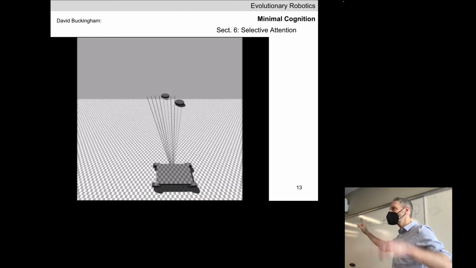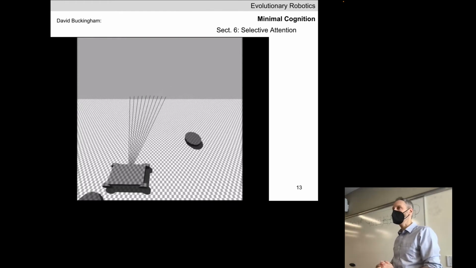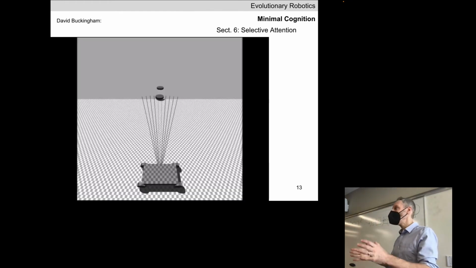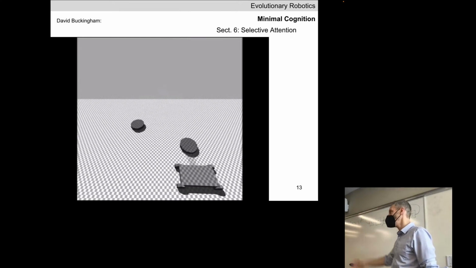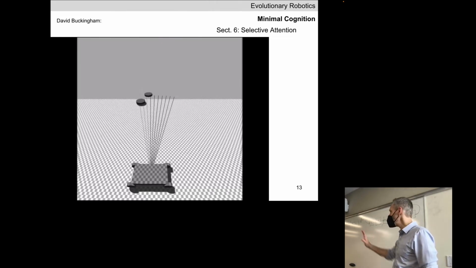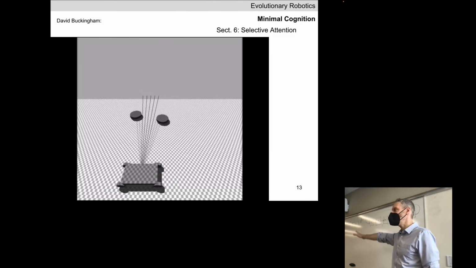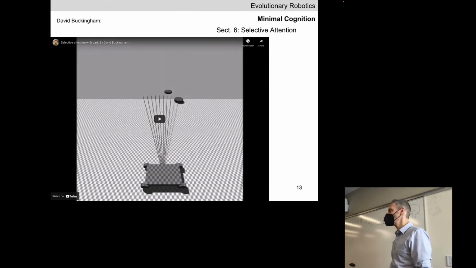So this robot has to, quote unquote, think about the future and make sure that it doesn't move in the present in a way that's going to make it impossible in the future for it to catch one or both of these objects. How it goes about doing that, you can see this particular evolved CTRNN actually does a pretty good job. How it does it, again, very hard to tell, but it's an aspect of this problem.